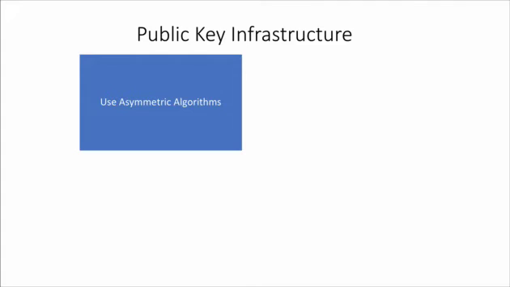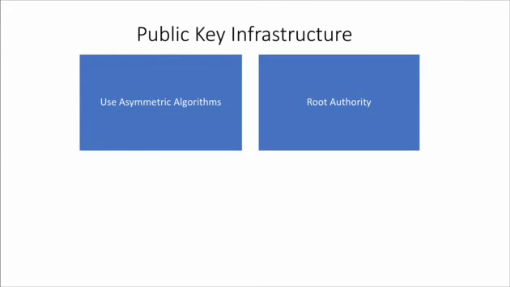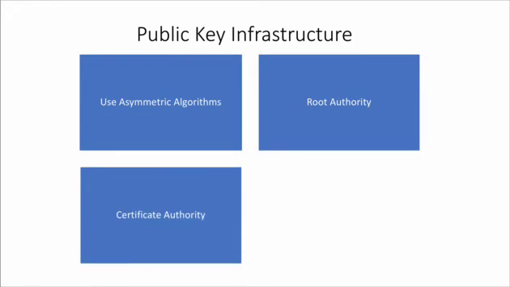Public key infrastructure uses the asymmetric algorithm. So it's very important for you as a security professional to know asymmetric algorithms and the whole basics around public key, private key. Why? Because we use it to create certificates, and the certificates you'll know about are the root certificate authorities and the normal certificate authorities.